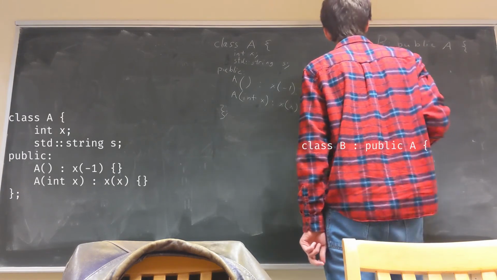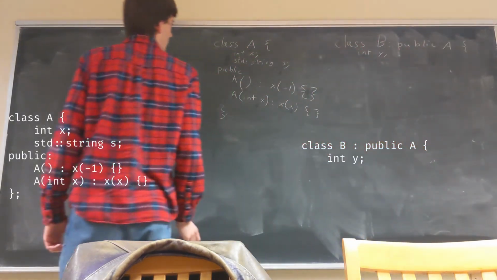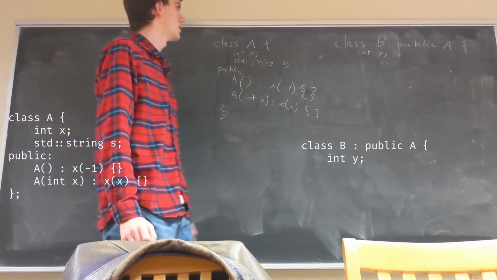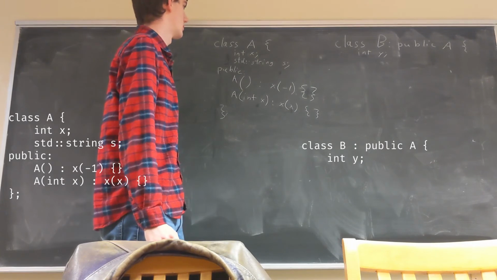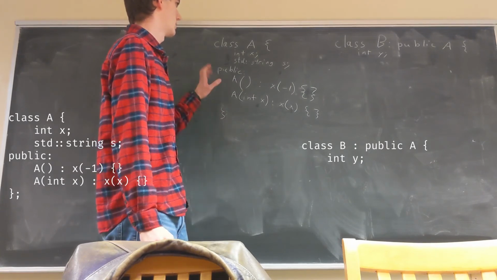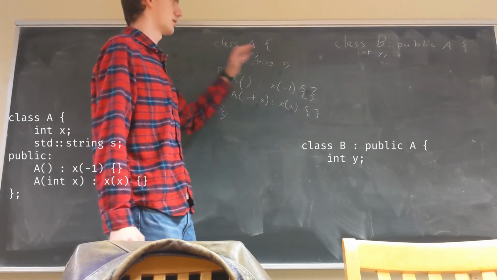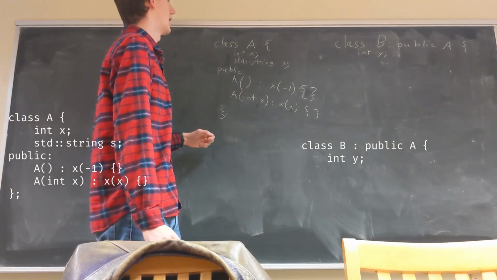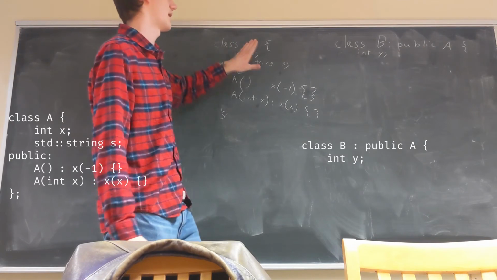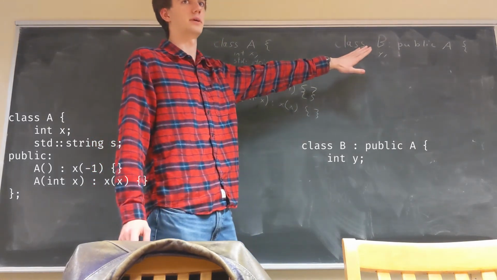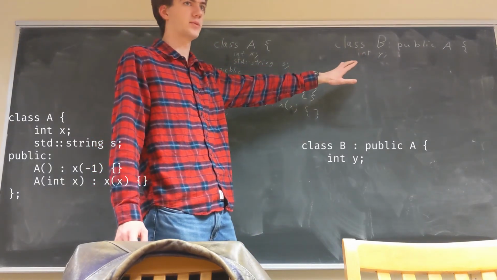Now, remember that when B inherits from A, what that means is that every instance of B is also an instance of A, and it's effectively like there's an object of type A that's embedded inside the object of type B, as if it was a field, right?